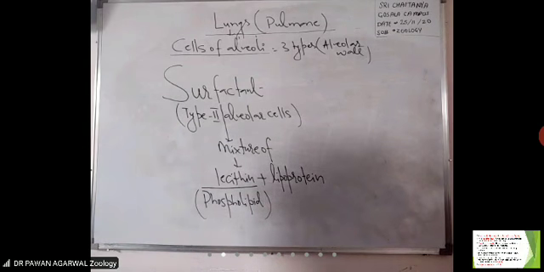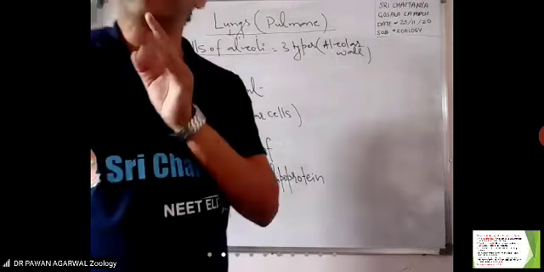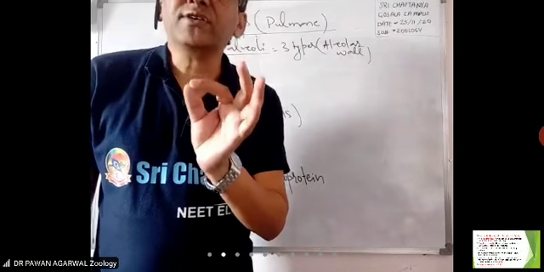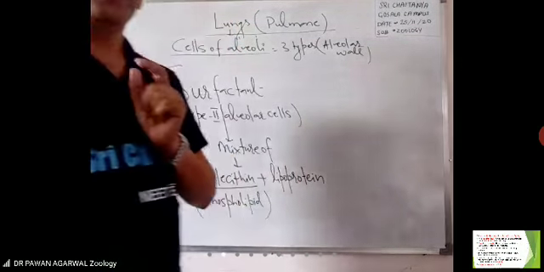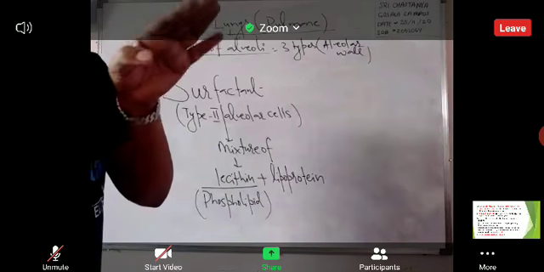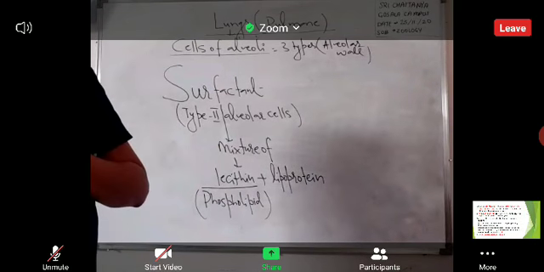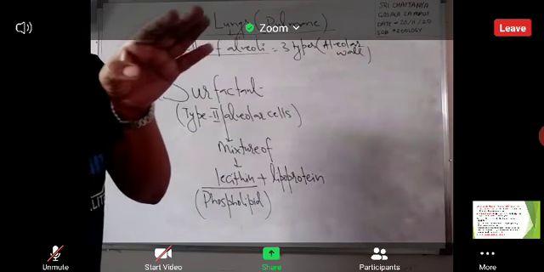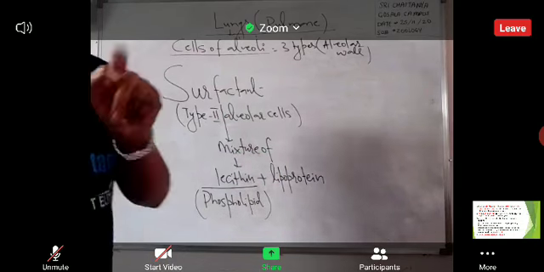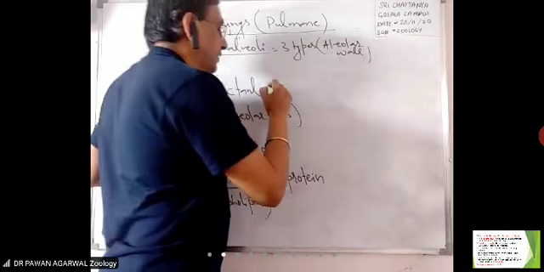Now listen very carefully. What is the function of surfactant? Surfactant reduces the surface tension of alveolar fluid. Very important.